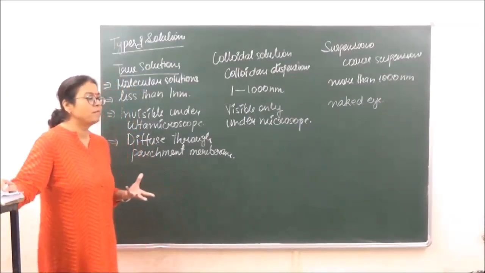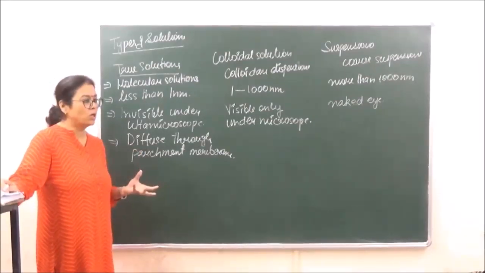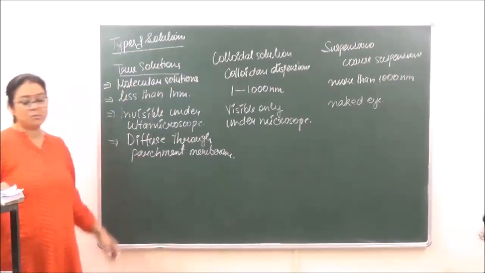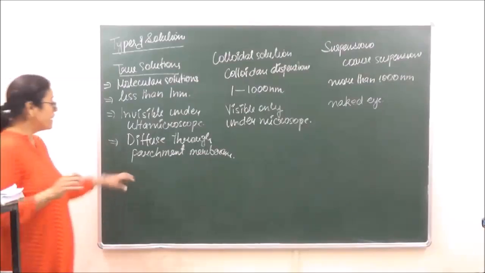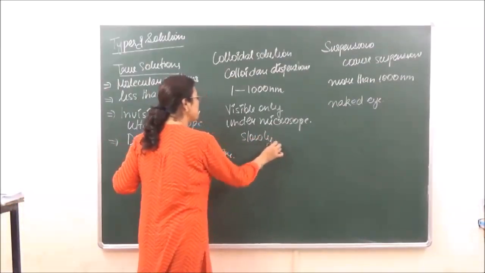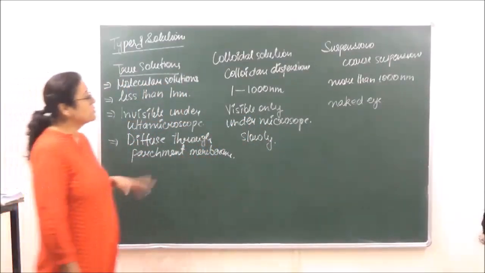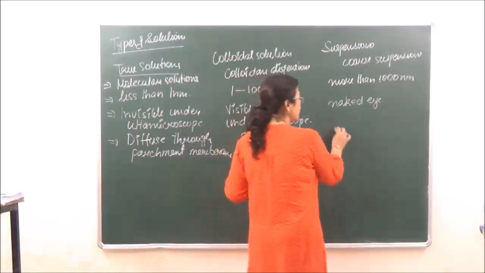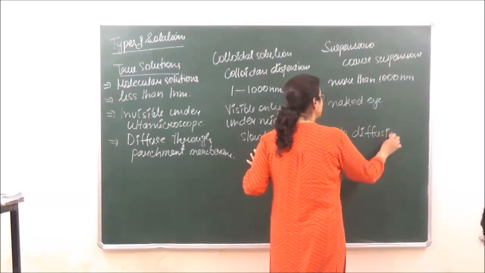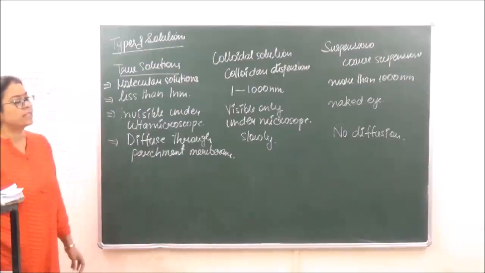The pore size in case of parchment membrane is very, very small. Okay, so the true solutions can diffuse through parchment membrane very easily and very quickly, whereas colloidal solutions diffuse through parchment membrane very slowly. Okay? And in case of suspensions, there is no diffusion at all. So this is another point of difference which we can see between the three: true solutions, colloidal solutions and suspensions.